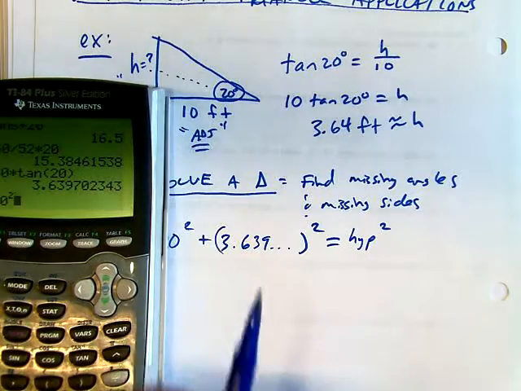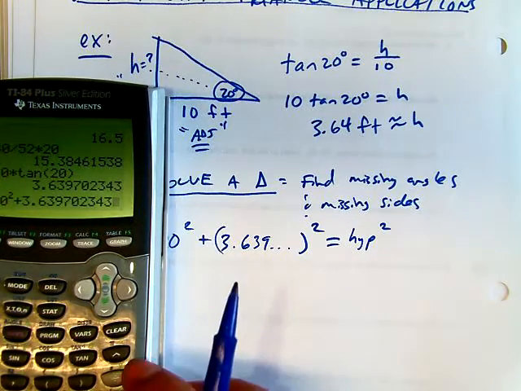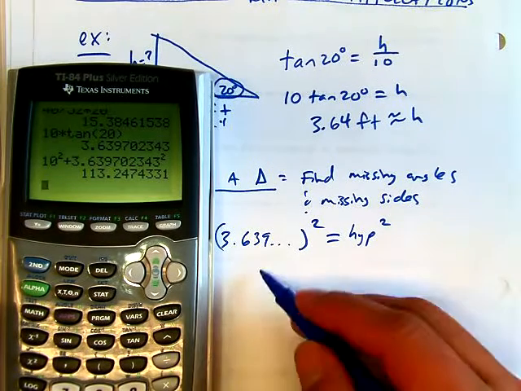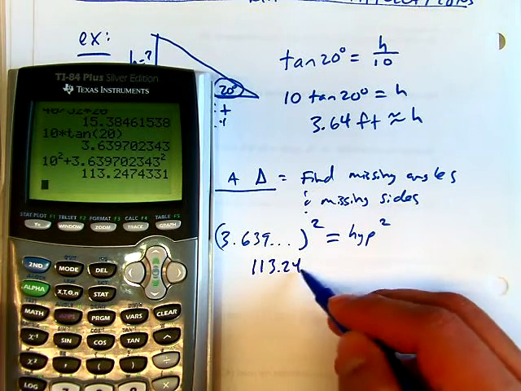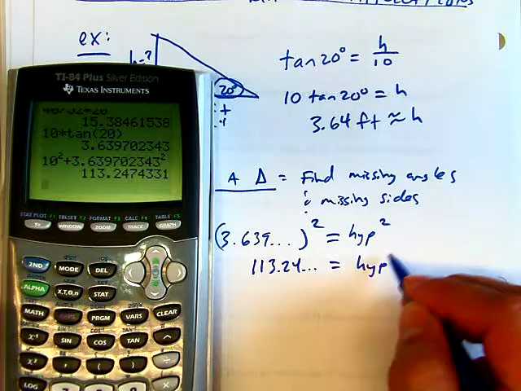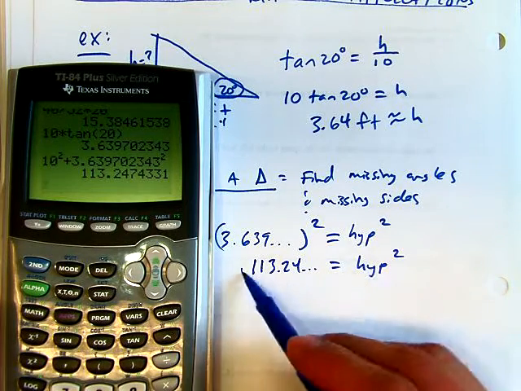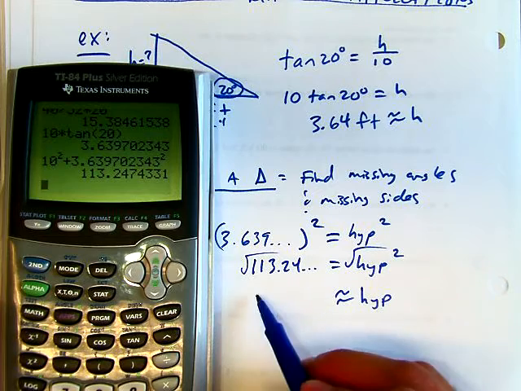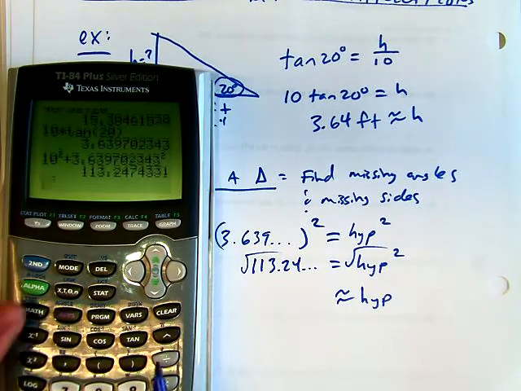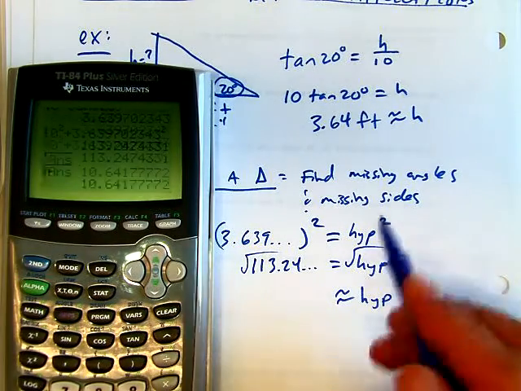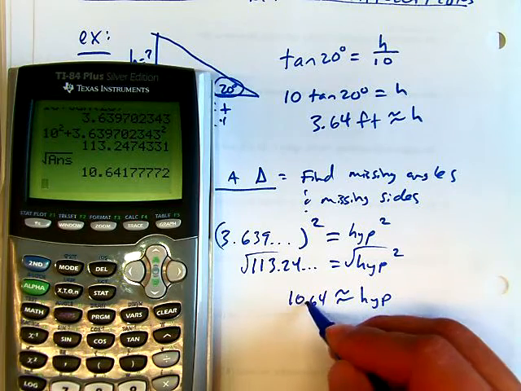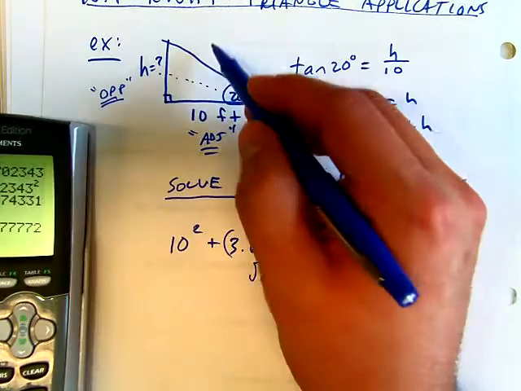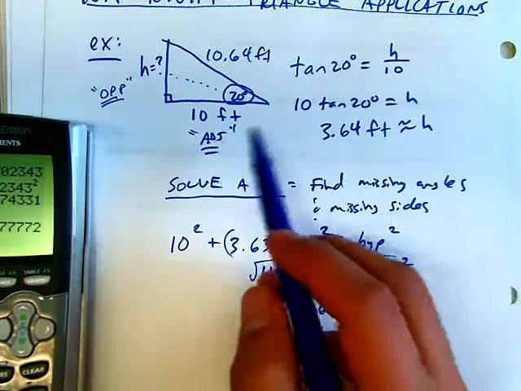So I type in 10 squared plus this value squared, and get my value, which is 113.24 whatever. That's equal to the square of the hypotenuse, so now you just square root that, and you get your approximation. So square root of that answer gives about 10.64 feet. That would be the missing side here.